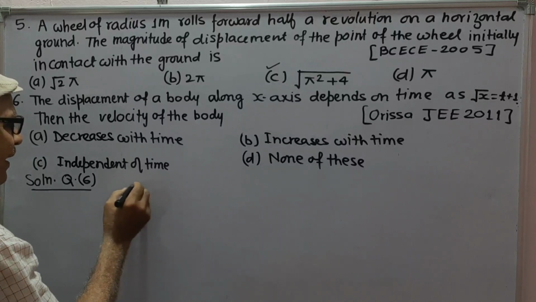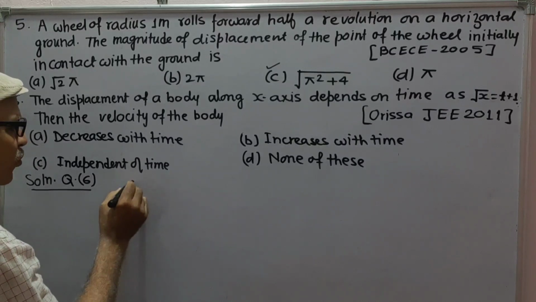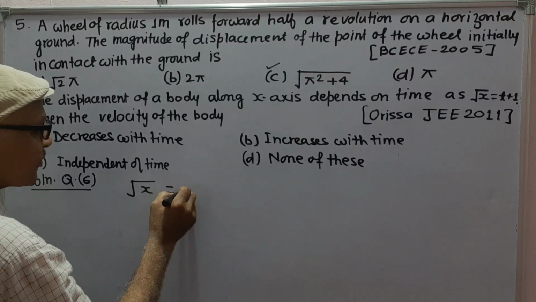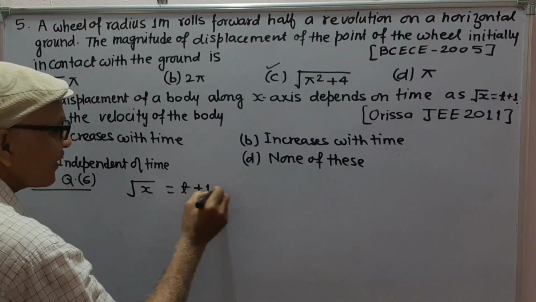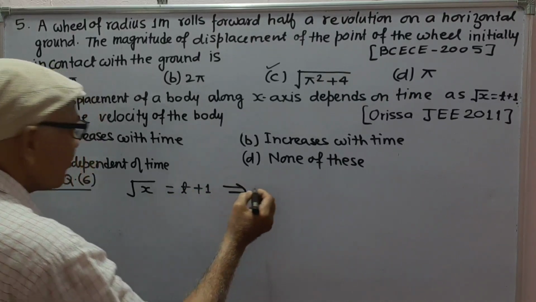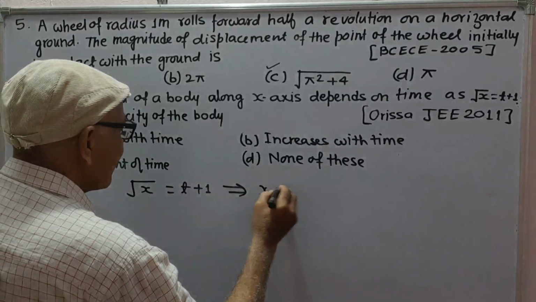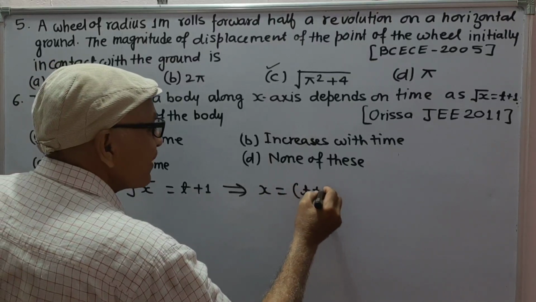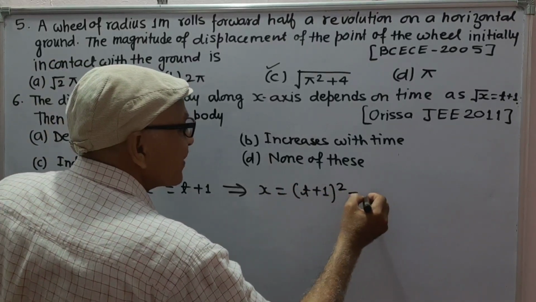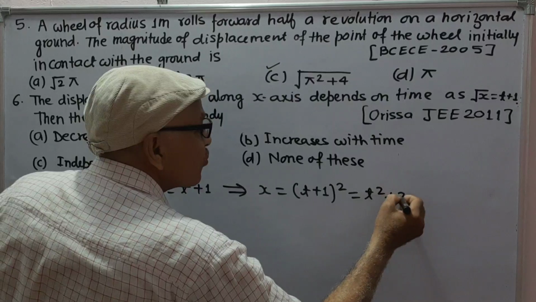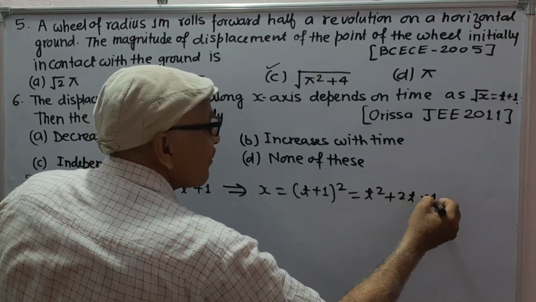Here, root x is equal to t plus 1. So, squaring on both sides, we get x is equal to t plus 1 whole square, which gives t square plus 2 t plus 1.